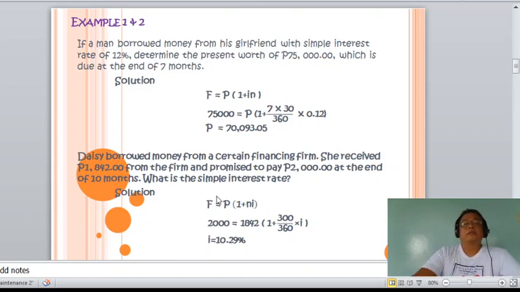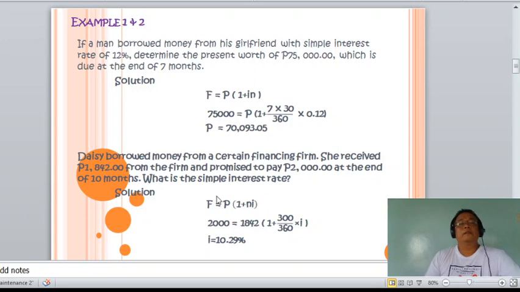Substituting to the formula, the 7 months: 1 plus 7 multiplied by 30, since it is an ordinary simple interest, divided by 360, multiplied by the rate of interest of 12% or 0.12. The present amount now is equivalent to 70,093.05. So as simple as that.